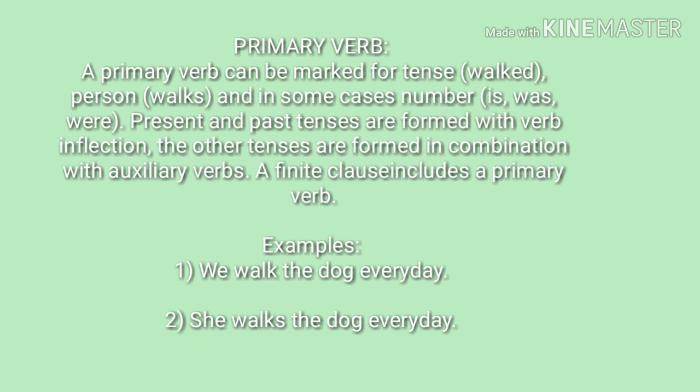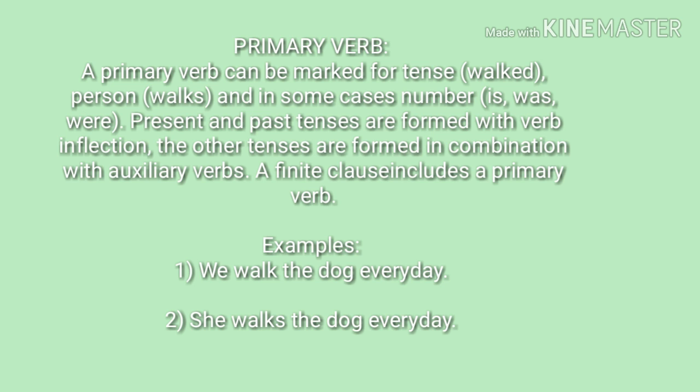Alright, now there are two basic categories of verb, and the first is primary verb form and the second is secondary verb form. Alright, these are the two basic categories of verb. Now I'm going to start with the primary verb, and the concept of this verb is that a primary verb is actually marked with or formed for the tense, like present tense or past tense.